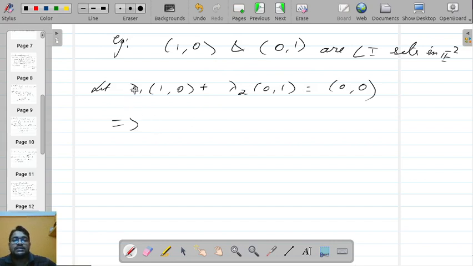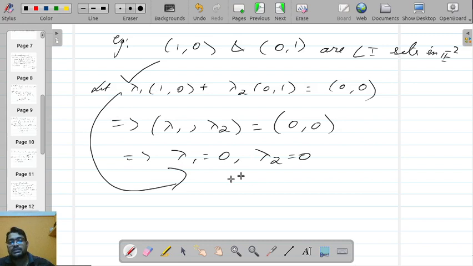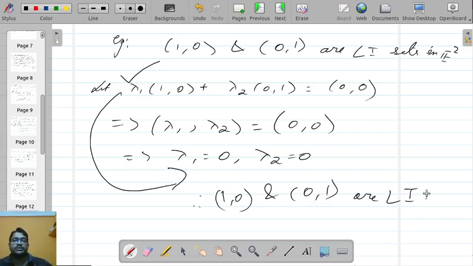If we get some non-zero solutions for this equation, then the vectors are linearly dependent. Here, if we just compute, this gives lambda 1, lambda 2 equal to 0, 0. So if you compare, lambda 1 equals 0 and lambda 2 equals 0. Any relation of this type implies that the scalars have to be 0. So (1,0) and (0,1) are linearly independent vectors.